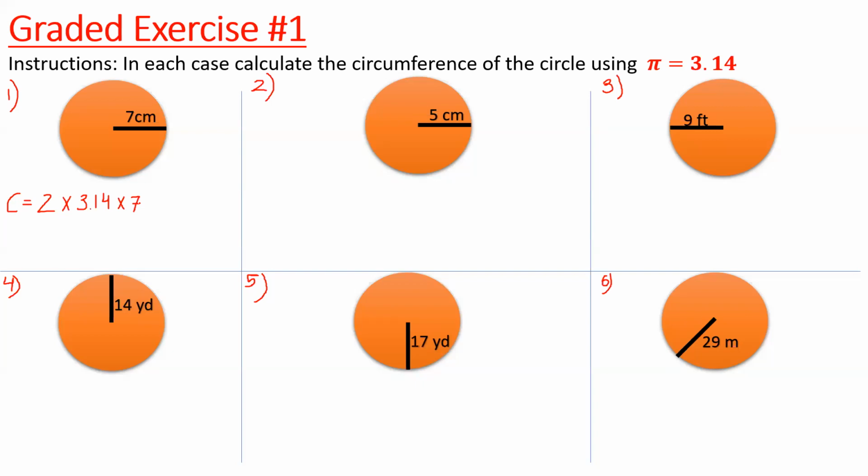So 2 times what? 3.14 times what? Times 7 is what? What y'all got?